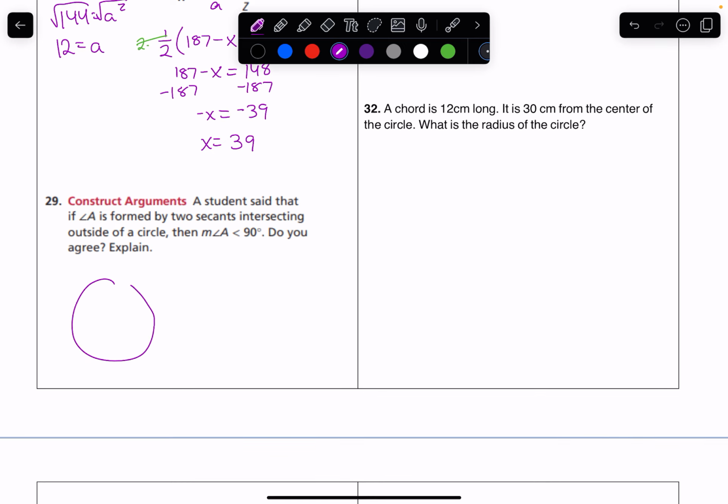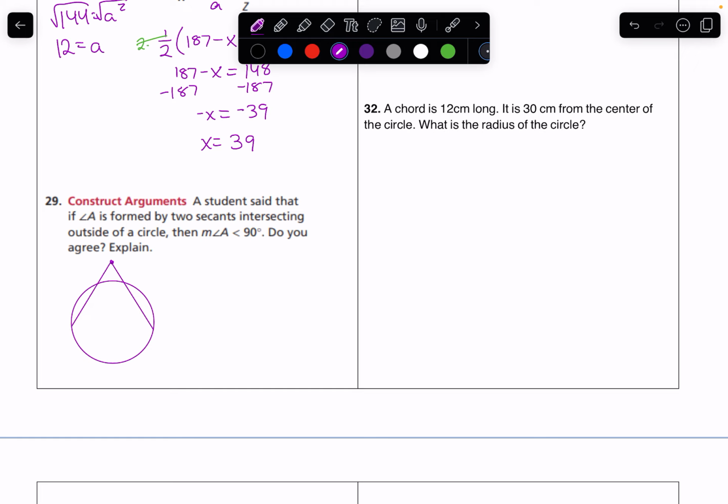So there's a circle, and the two secants are intersecting outside of the circle. Let's think about that. That could mean here is a secant, and here is a secant, and they intersect outside of the circle.